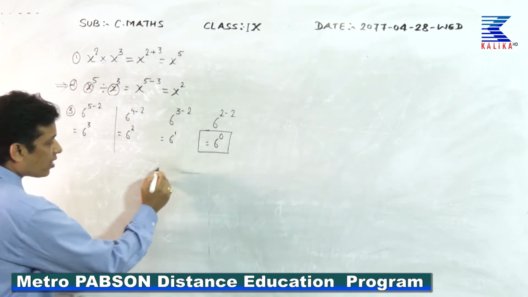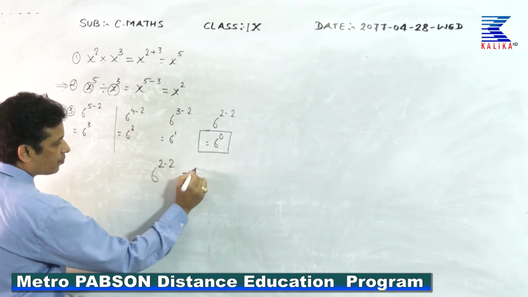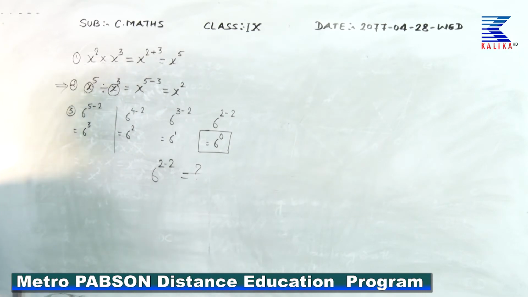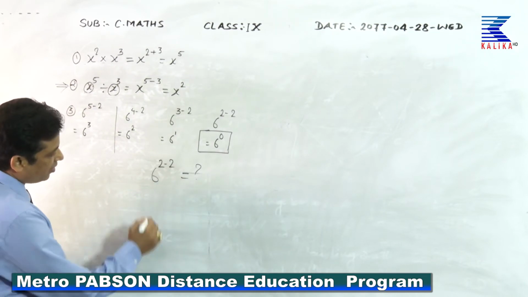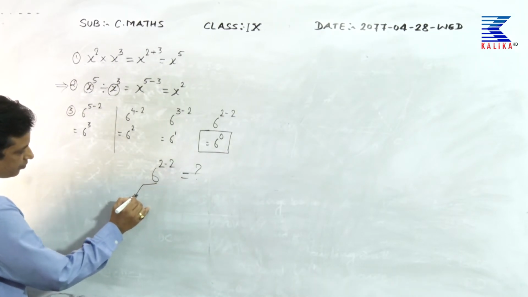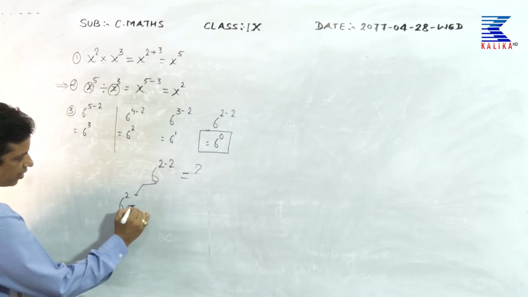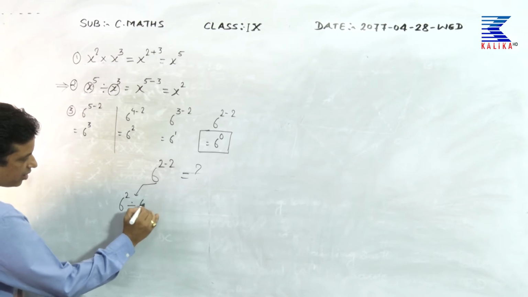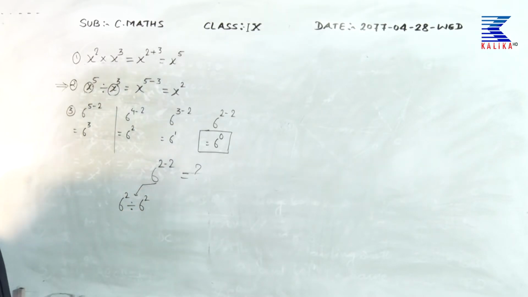So, what does 6 to the power 2 minus 2 mean? Let me simplify this problem in two different ways. First of all, write 6 square divided by 6 square. Both mean the same.